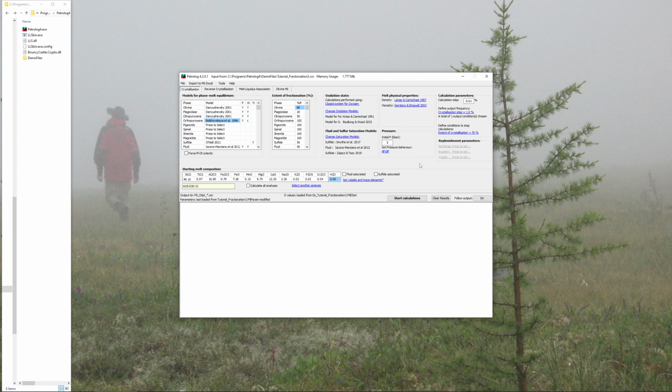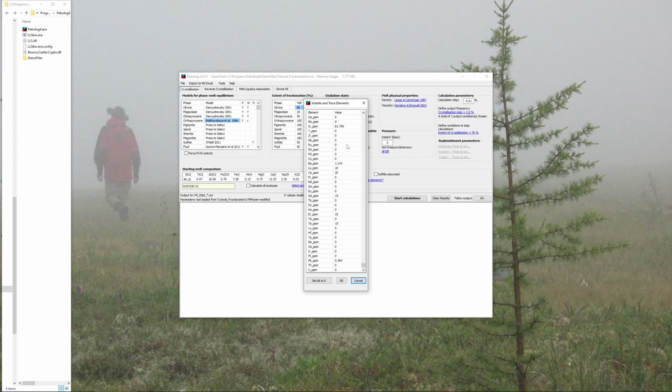The composition which we are using has several different trace elements, but as you can see, it doesn't have any volatile elements. Water, carbon dioxide, and sulfur are not present in the composition.